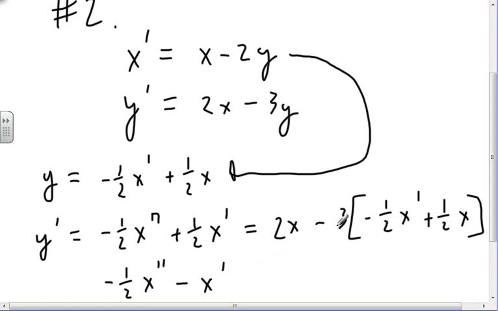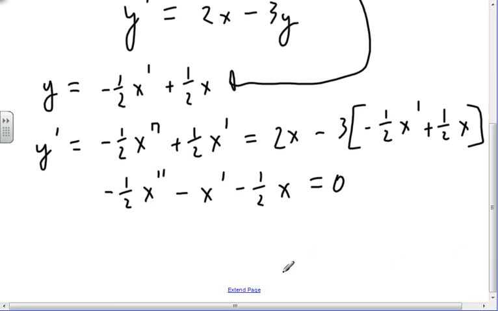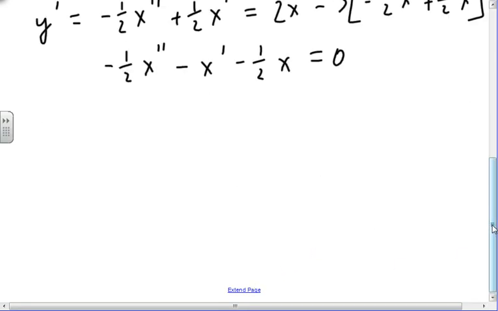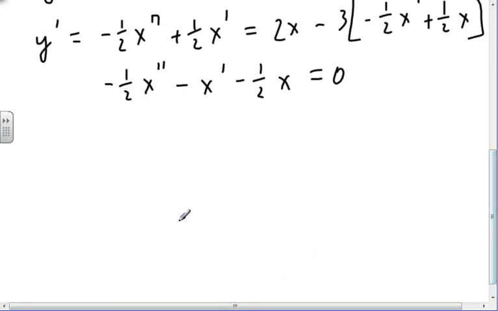I've got minus 3 halves plus 2, making it positive 1/2, making it minus 1/2 x equals 0. Okay. I choose to multiply everything through by minus 2. x double prime plus 2x prime plus x is equal to 0.